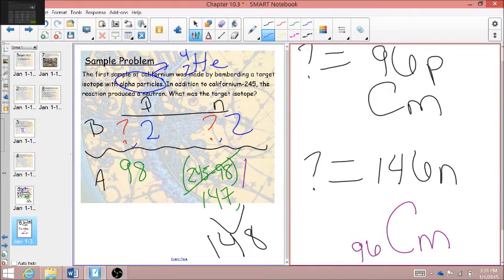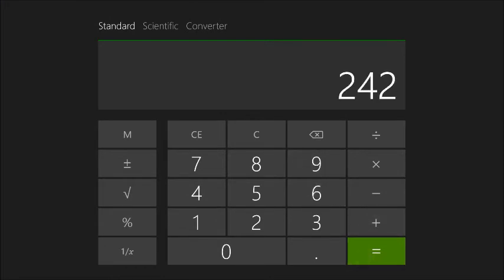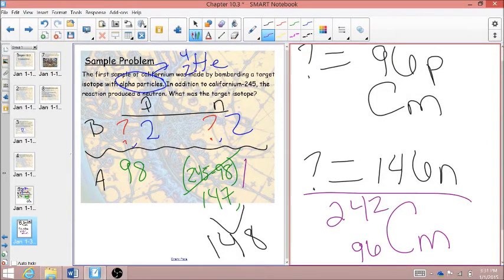So 146 plus 96 equals 242. So this number up here is 242. So our final answer here is, what was the target isotope that scientists used to make californium-245 by bombarding it with alpha particles? It was curium-242.